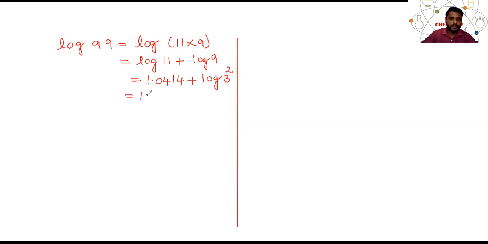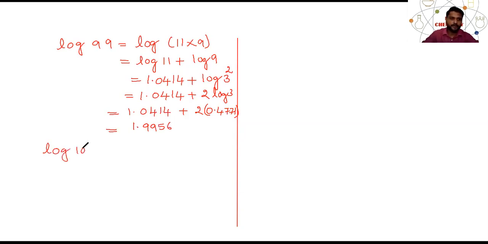Therefore, it is equal to 1.0414 plus 2 into log 3, which is 0.4771. And finally, log 99 is equal to 1.9956.